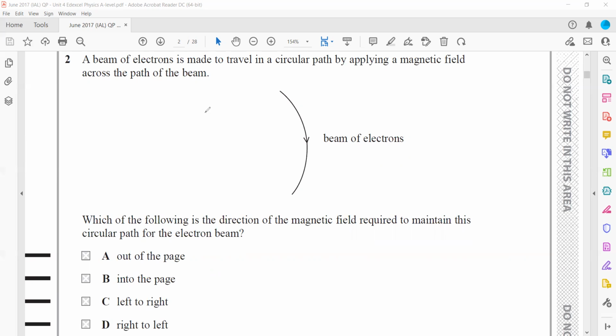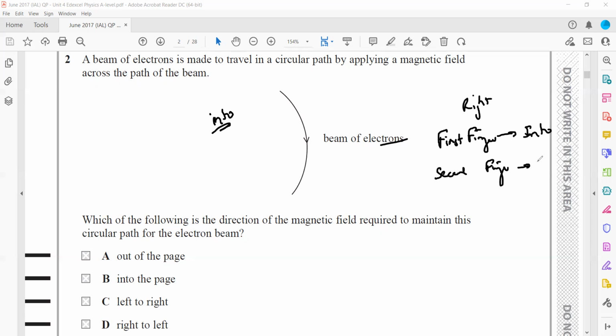So for example, if I say the magnetic field is in, because it's an electron, use your right hand. Your index finger, the first finger, points towards the magnetic field, so the first finger should point into the page. Your second finger represents the direction the particle is moving.